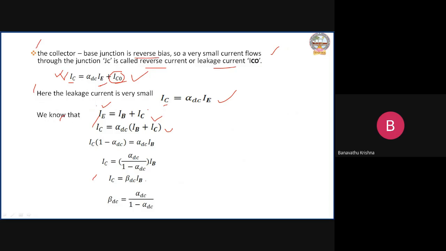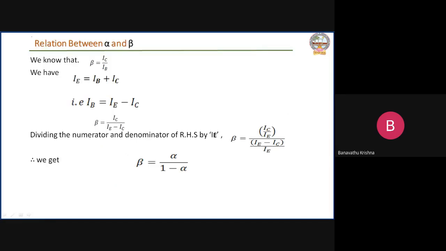Here beta is nothing but the base to collector current gain. Beta DC equals alpha DC by 1 minus alpha DC. Next, the relation between alpha and beta, or the relation between the amplification factors alpha and beta.